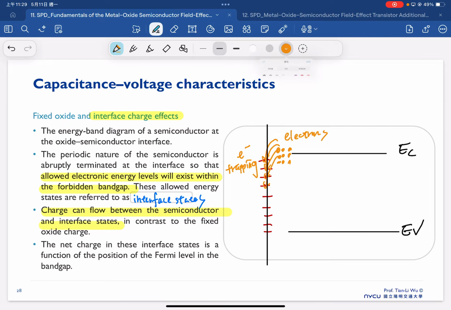And if we have holes, the hole will also flow to this allowed energy state, which causes hole trapping.